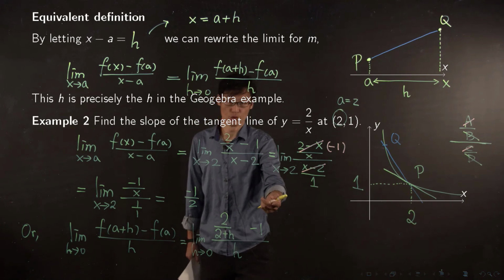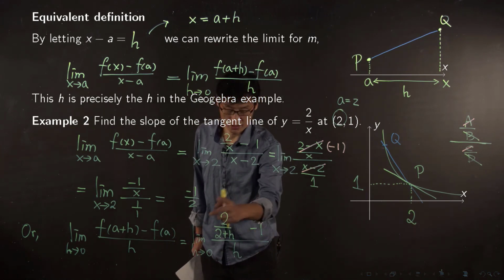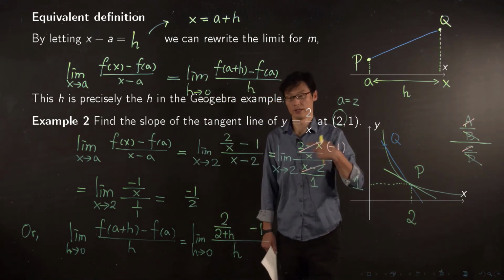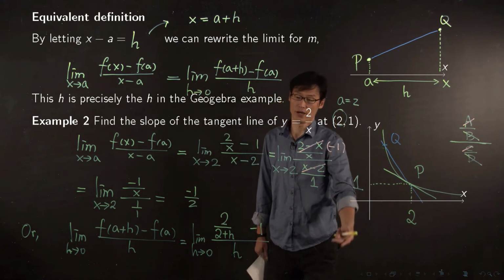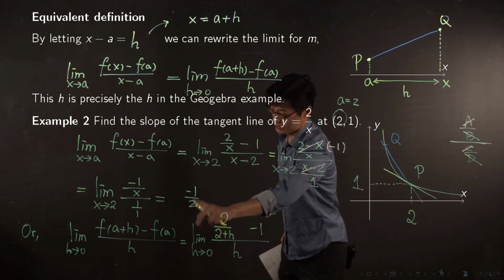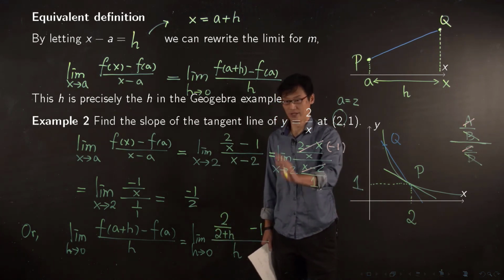And again, you want to use your algebra, or rewrite this expression to find a common factor and then cancel to simplify, and then you can find the limit of this, and the limit is again negative 1/2. Let me leave it as an exercise.